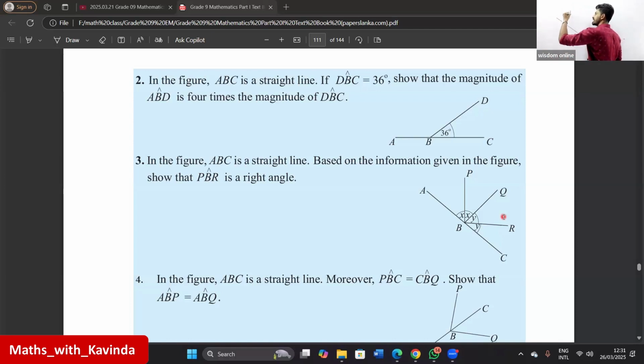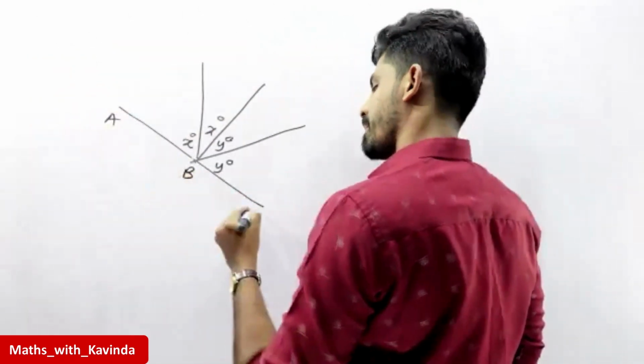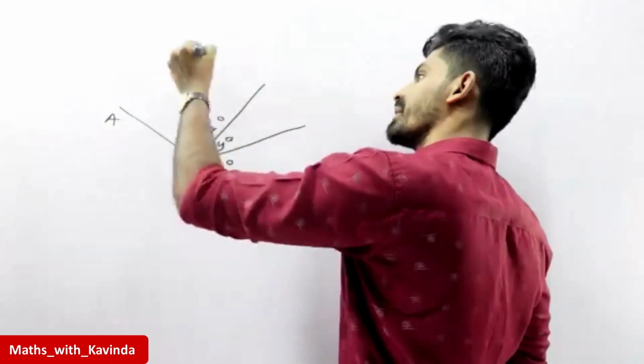So that means like this: X, X, Y, and Y. So what are the angles? ABC, PQR.